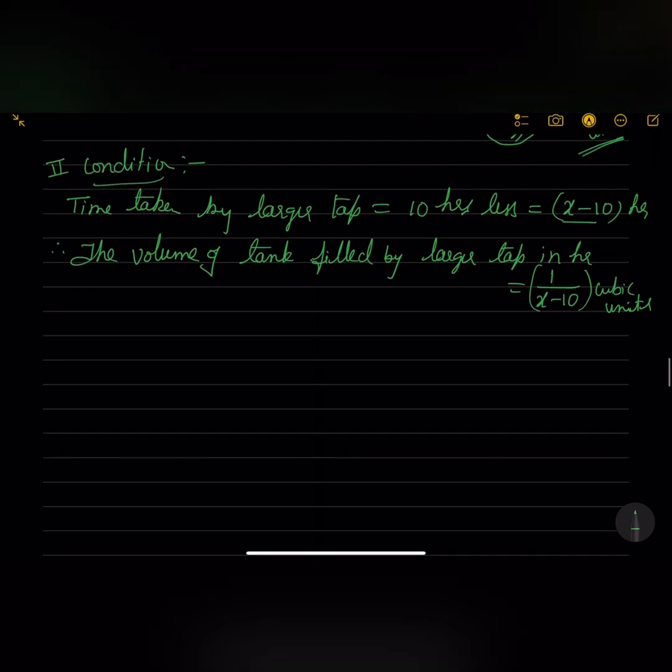And therefore, we'll go for the third condition. That will be easy for us. What is the third condition they have given?